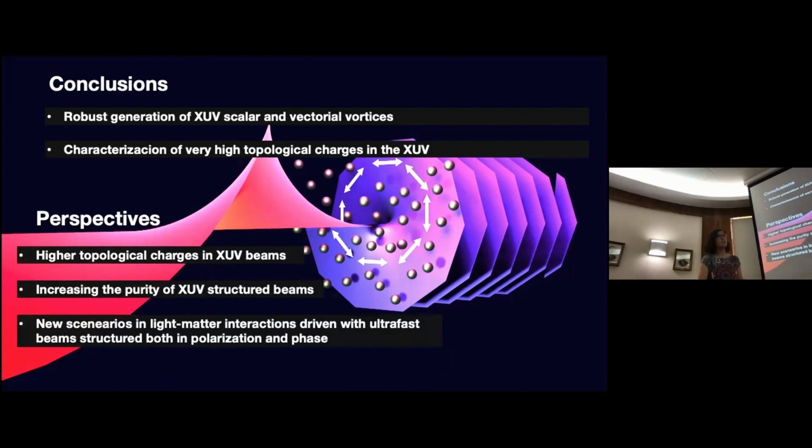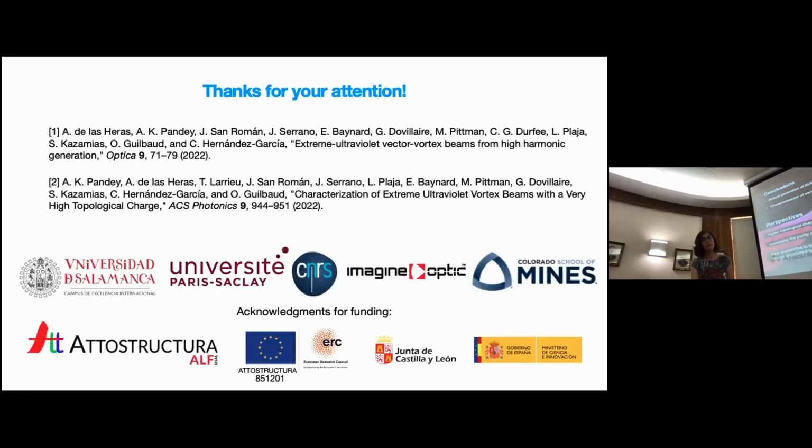But probably more interesting is to think of new scenarios of light-matter interactions that can be explored with these ultrafast beams structured both in polarization and phase. For example, we can think of how they interact with chiral molecules, with topological materials, with magnetic materials, etc.